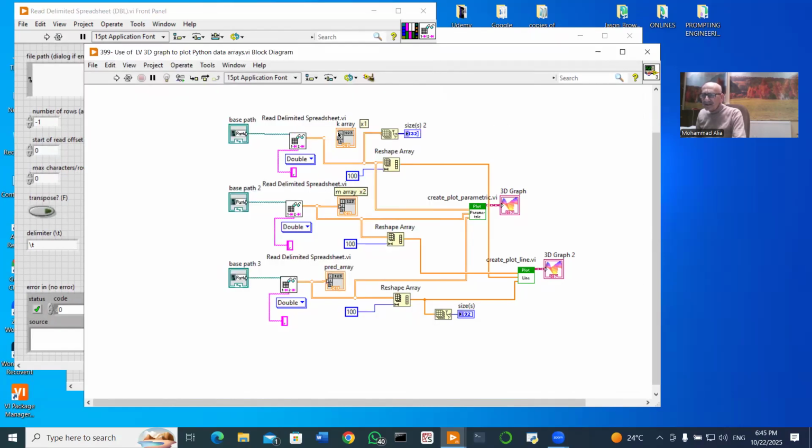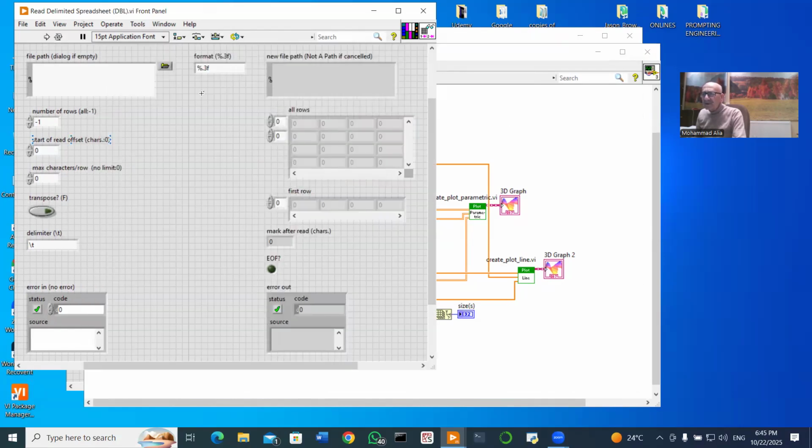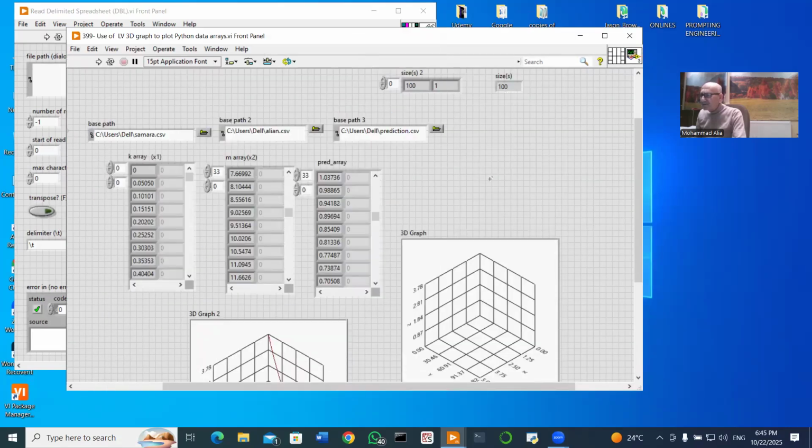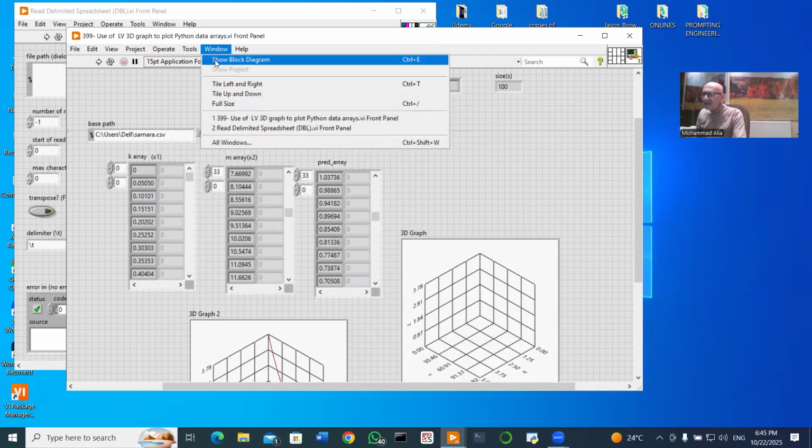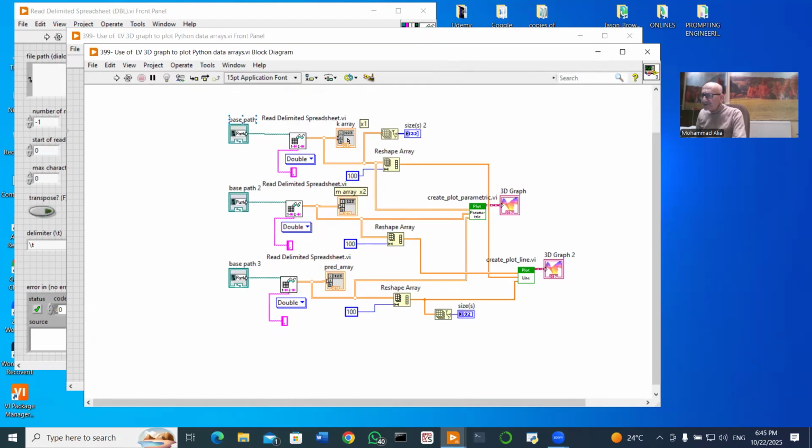So the two lines here are sufficient for us. Here they are. This is the first array X1, which is Samara, two-dimensional but one column, then the other one, and the prediction array. The three arrays are now read, and they give data here.